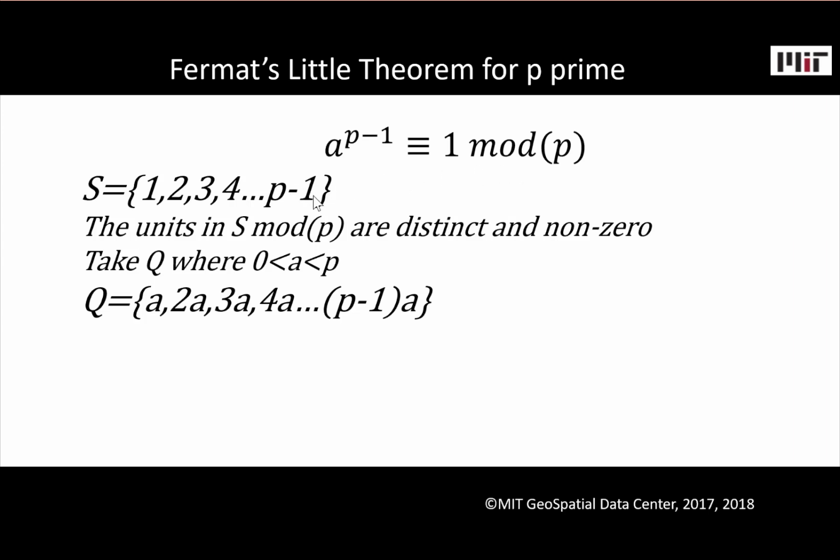So they're relatively prime with respect to p. Let's take Q now as being a times S, where S is 1, 2, 3, 4. Q will be a, 2a, 3a, 4a up to (p minus 1)a.